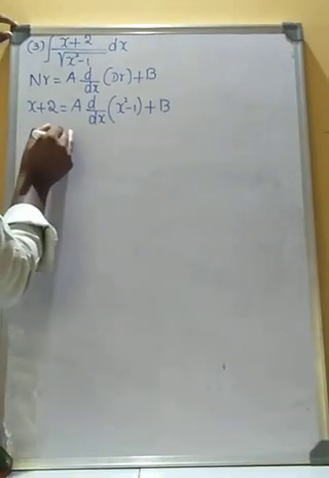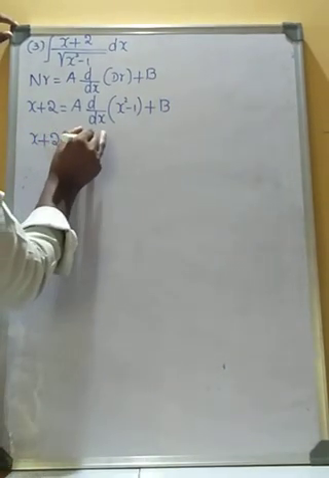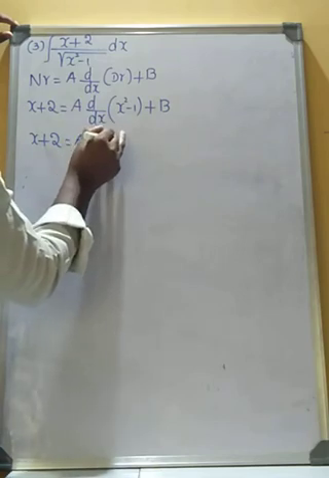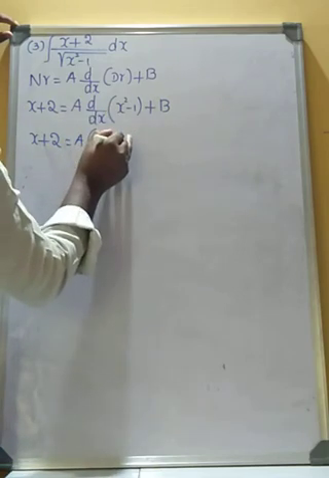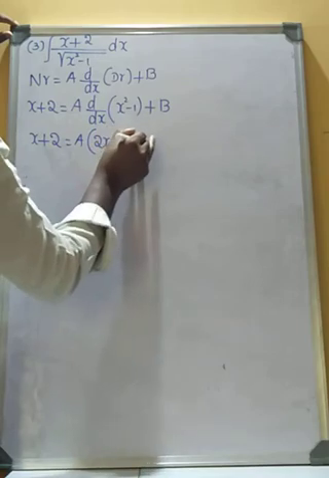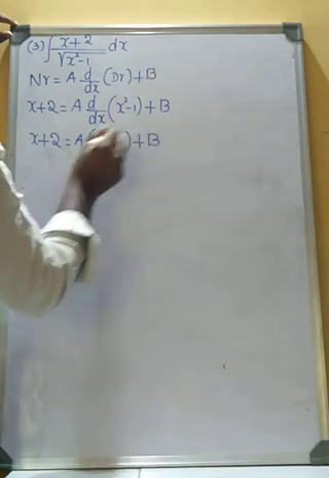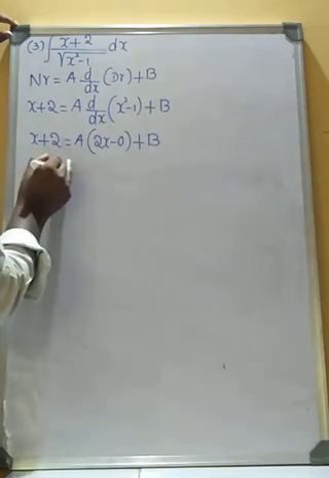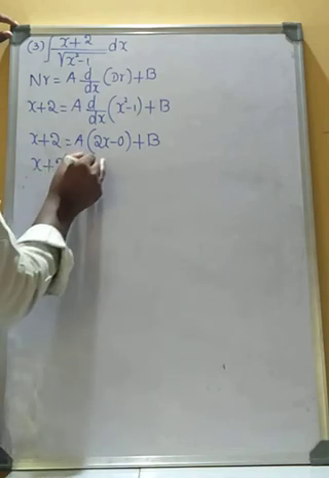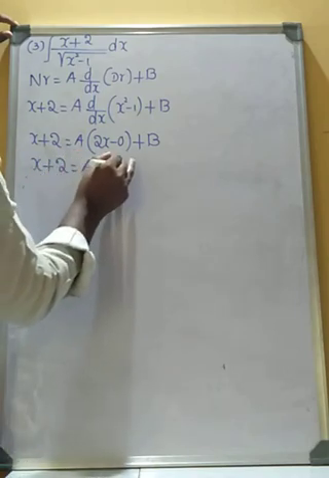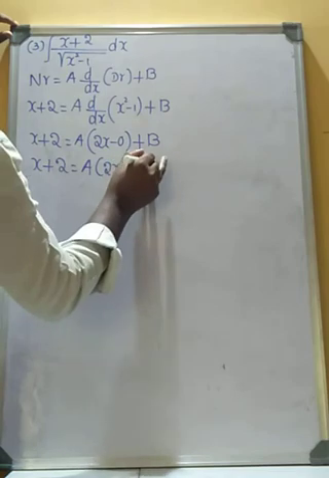Therefore x plus 2 equals a into d by dx of x square, which is 2x, minus 1 constant, which is 0, plus b. Therefore x plus 2 is equal to a into 2x plus b.